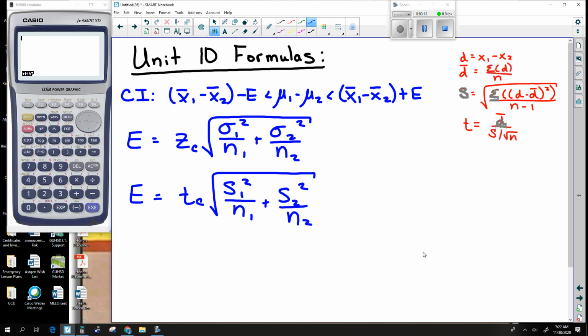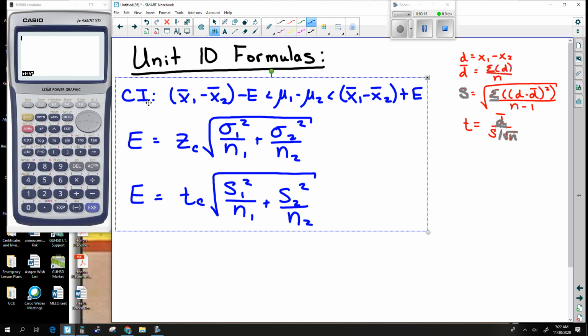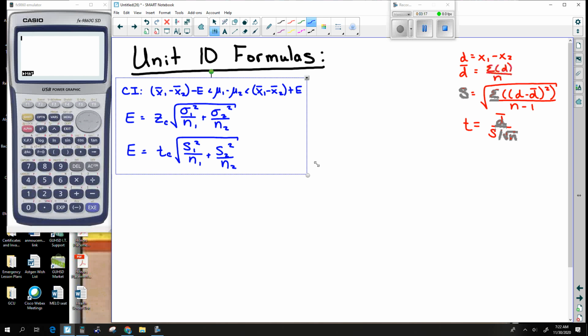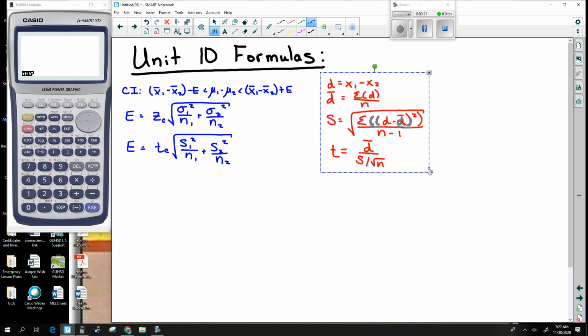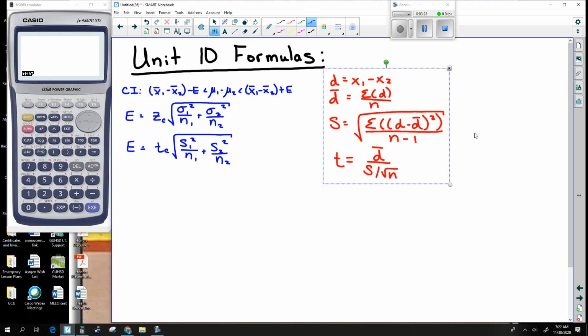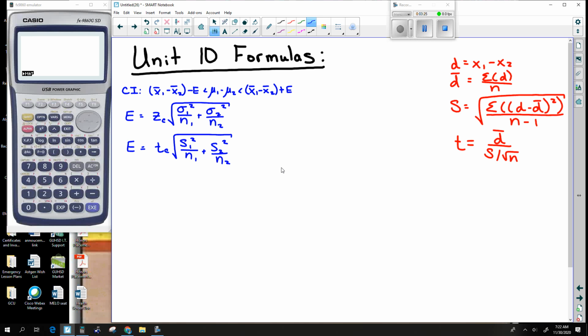Let me take this one step further. With the confidence intervals, if your confidence interval comes out positive, that means mu1 minus mu2 is greater than 0.